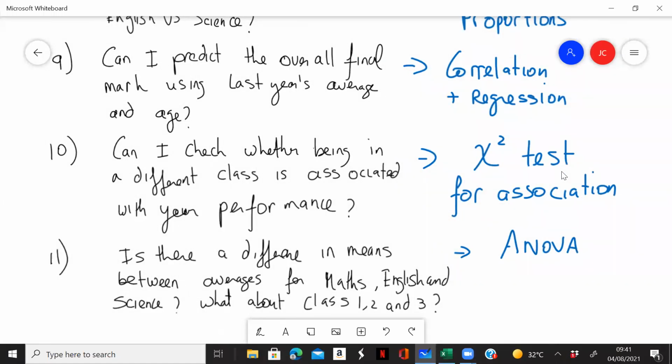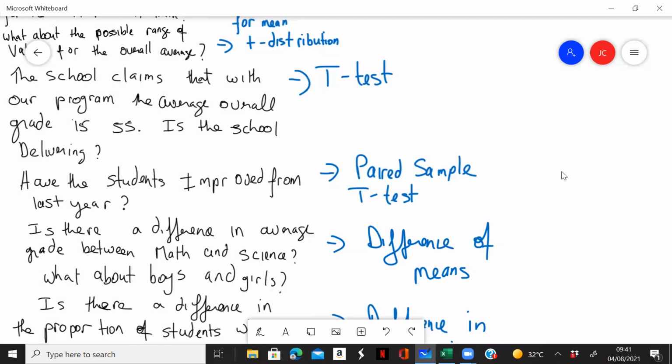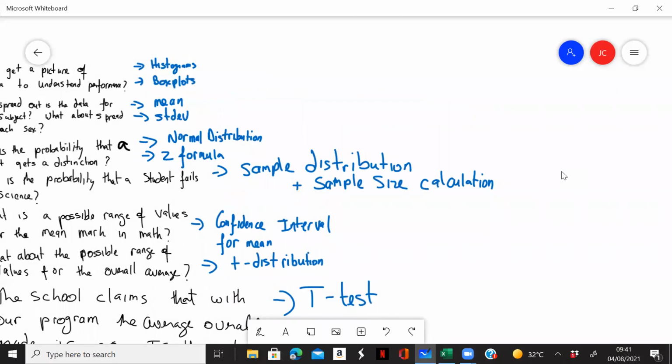Okay, so in a nutshell, by answering these 11 questions that the principal is posing, we will go through the entire elementary statistics syllabus. By no means am I claiming that this is a complete course, not at all. I'm not going into any proofs, I'm not going into any elaborate mathematical derivations or even how to do them on Excel. And of course, there are many more statistical tests that we will not be covering here.